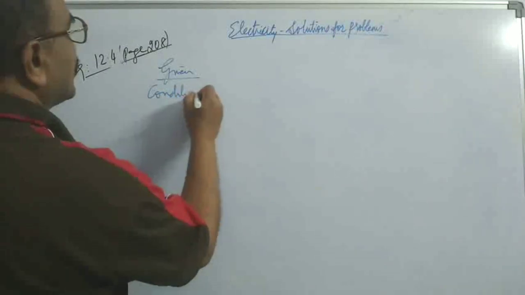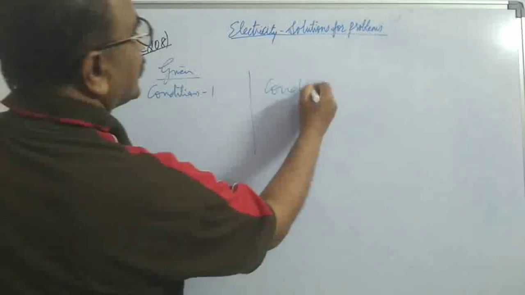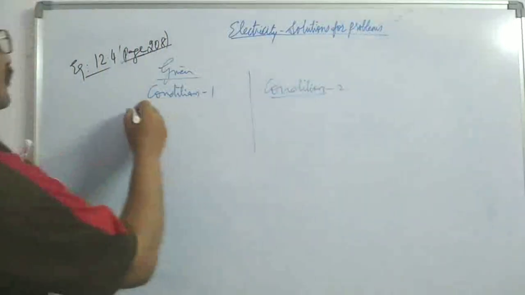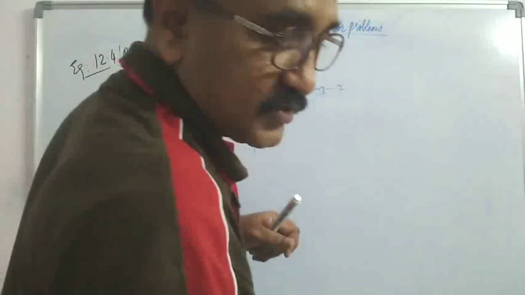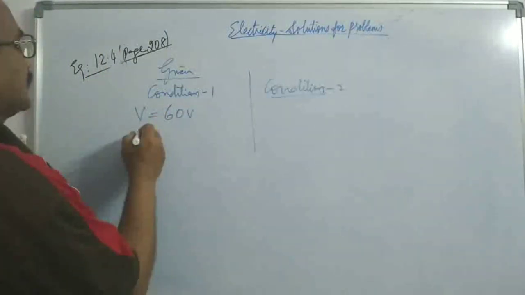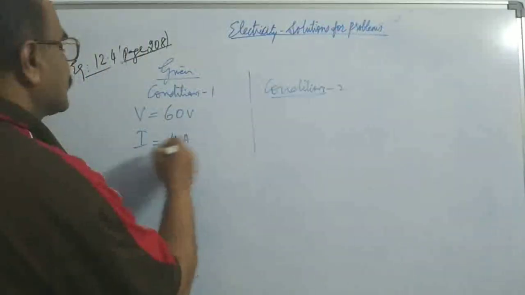What is the potential difference shown? That is 60 volts. And how much is the current shown? That's 4 ampere. Very good.